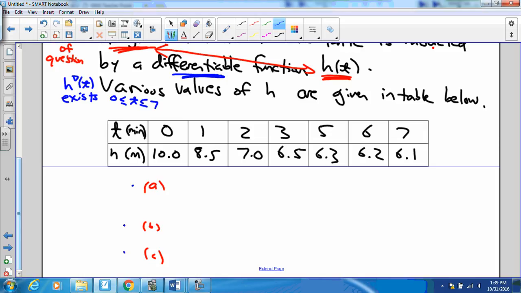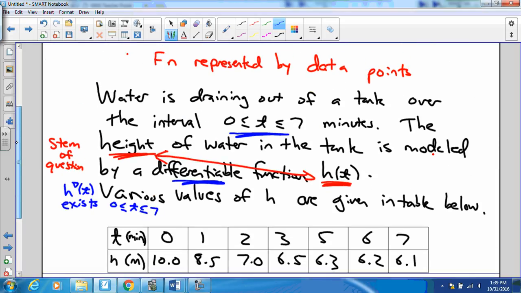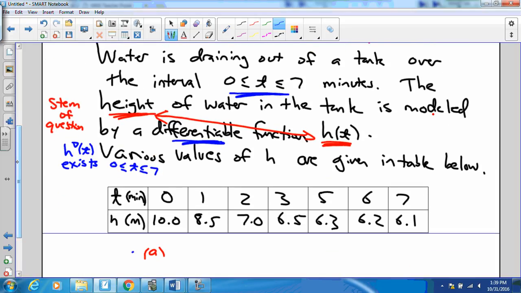The stem of the question is all of the information that's given here. And then the actual questions are going to follow once we've gotten it. Okay. Because h prime of t exists, we can infer something about h. What do we know about h because h prime exists?